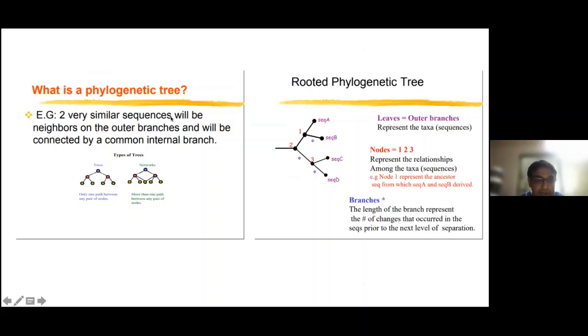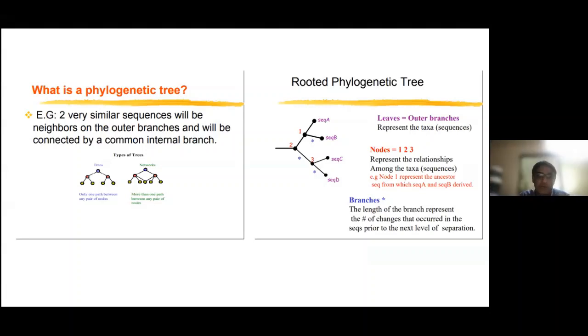So we need to learn some terminology here, the types of trees, for example, the root. There are two types of trees: the rooted phylogenetic tree and the unrooted phylogenetic tree. Rooted is if we know which one is the ancestor, then we can create the rooted tree. That means we can keep the ancestor at the baseline, at the root, and we can see the divergence of the other sequences against that root.